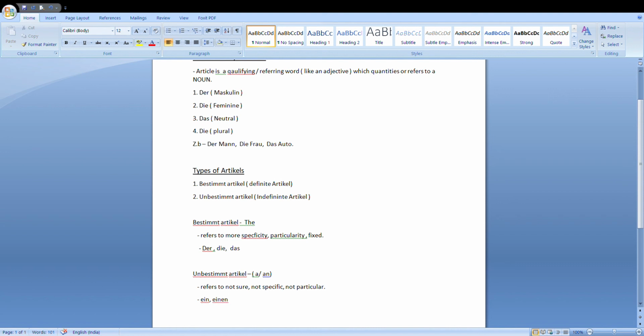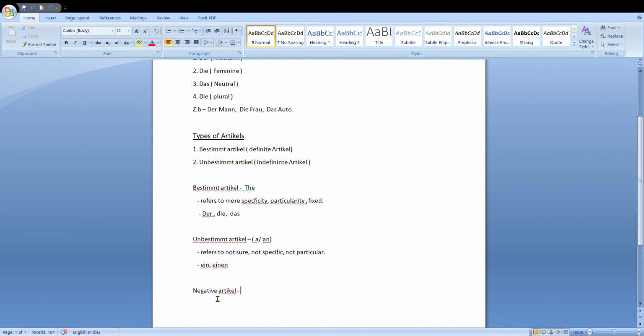Then we have a third category, which is the negative article. You can easily recognize it with this word. Negative is something like no, like yes, no. What does this article refer to?